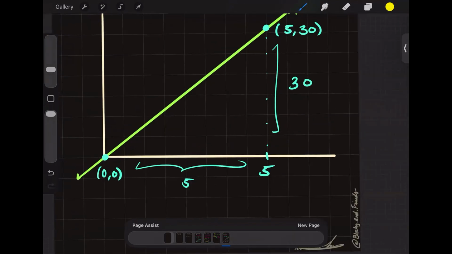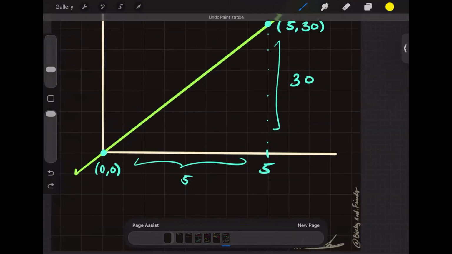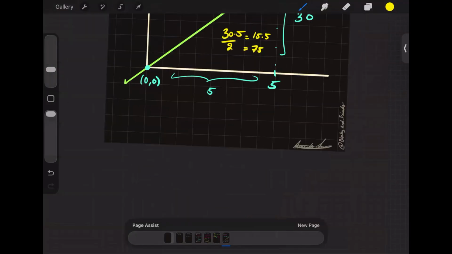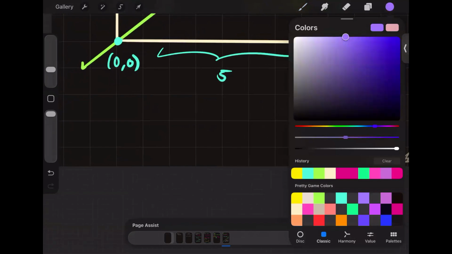Surely it's not base times height divided by 2. 30 times 5 over 2 is 15 times 5, which is 75. Okay, now let me ask you this.